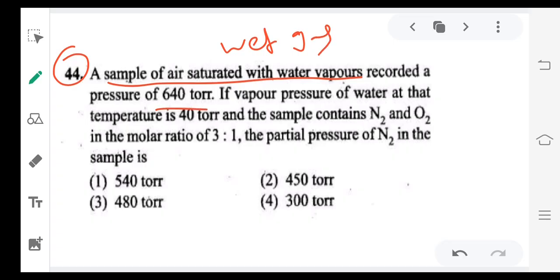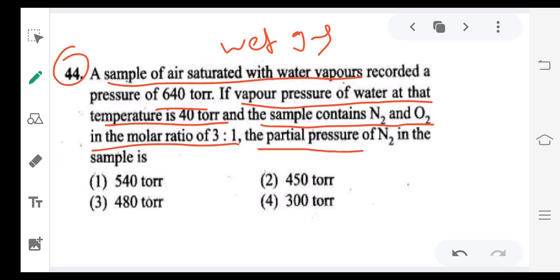If vapor pressure of water at the temperature is 40 torr, and the sample contains N2 and O2 in the molar ratio of 3:1. This wet gas contains N2 and O2. Next, the partial pressure of N2 in the sample is.